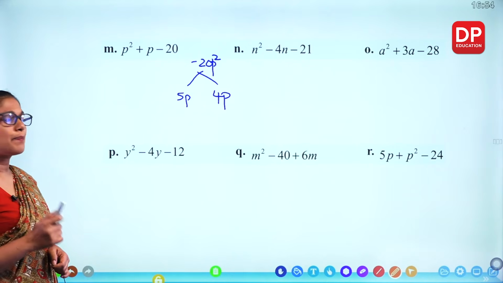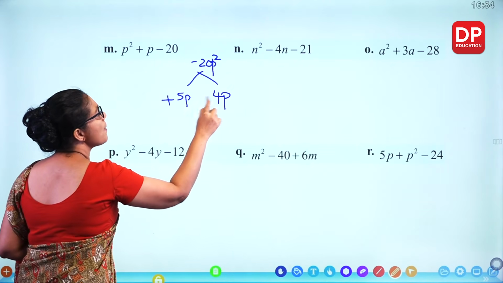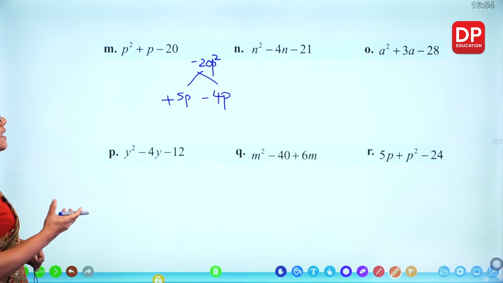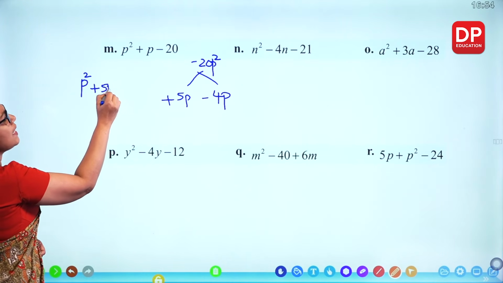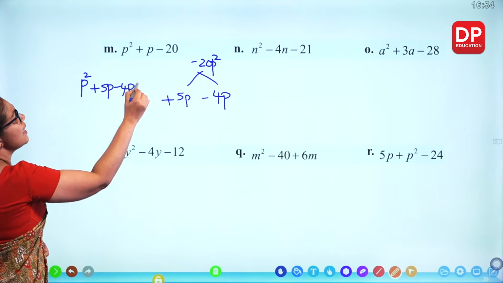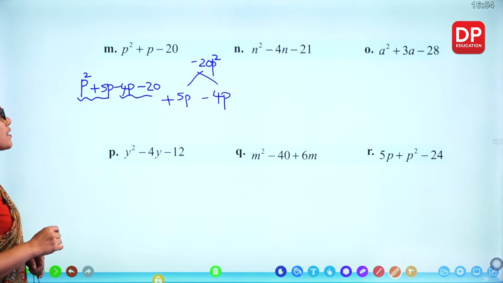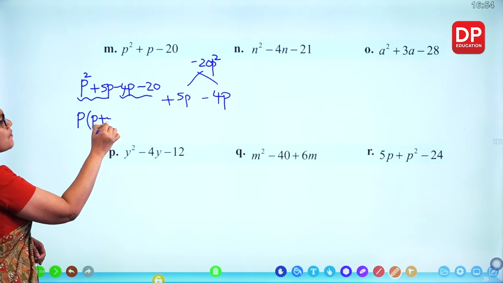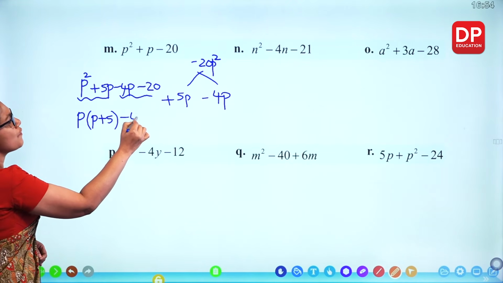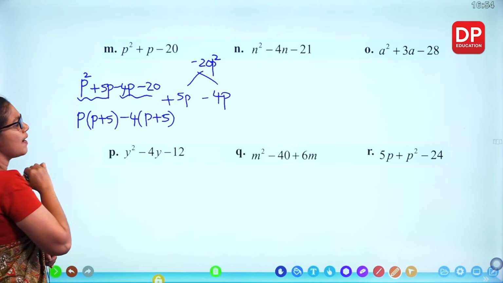But middle term is plus, means we take the larger number as plus and the other one as negative. So split the middle term into 5p and minus 4p, and then take 2 at a time and factorize. So I can see p, take it out, p plus 5. Minus 4, take it out, you get p plus 5.